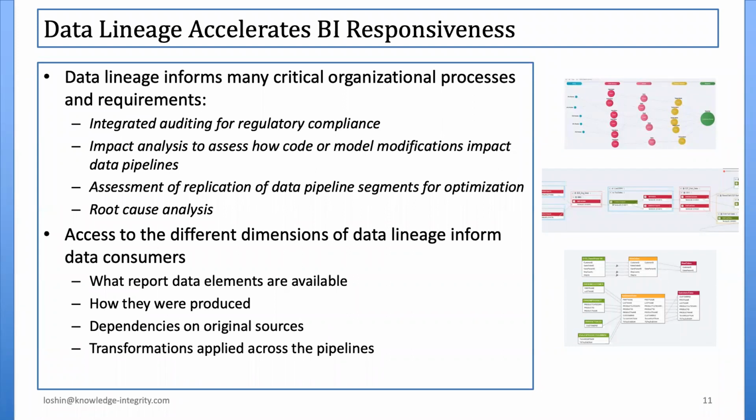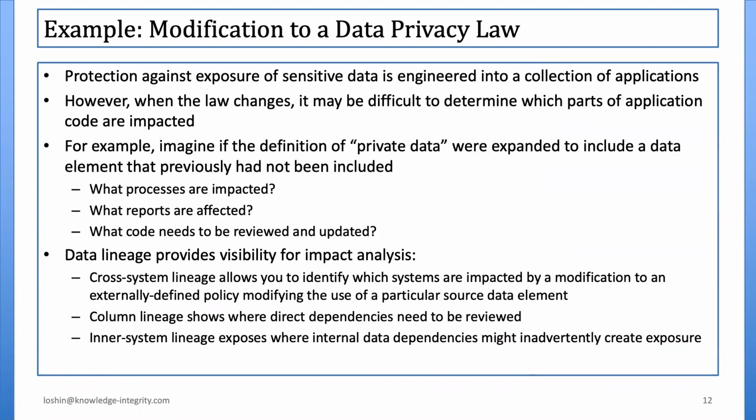And access to these different dimensions allows data consumers to know what report data elements are available, how they were produced, what dependencies exist on the original sources, and what transformations were applied. And we can look at an example use case, and this is timely and relevant. We've got these data privacy laws that are intended to prevent exposure of sensitive data, and that's typically engineered into a bunch of different applications.